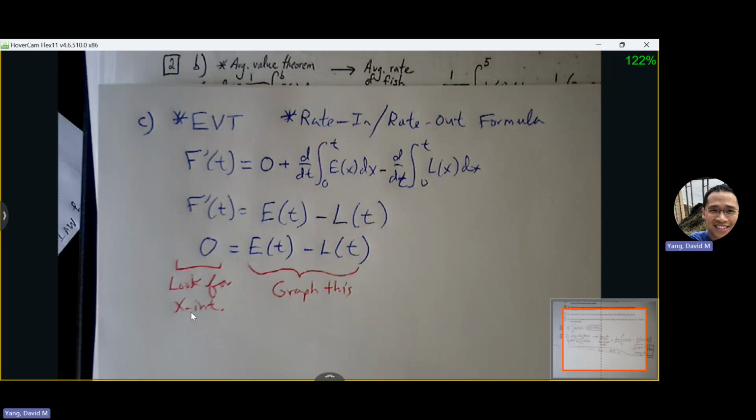Okay. All right, let's practice doing that. So I'm going to have y1 hold E of t. I'll have y2 hold L of t. And then for y3, I'll just say y1 minus y2.